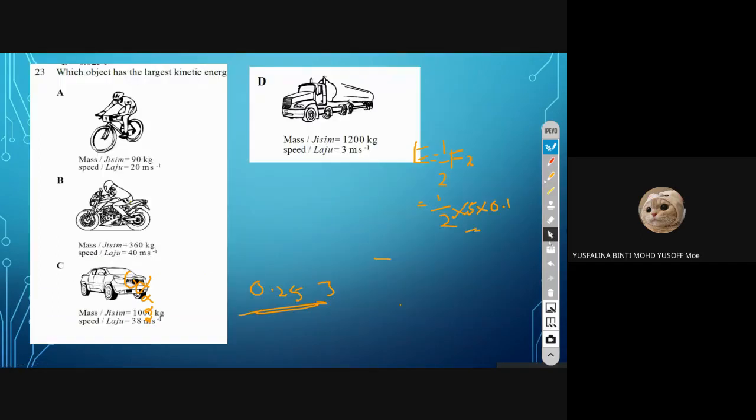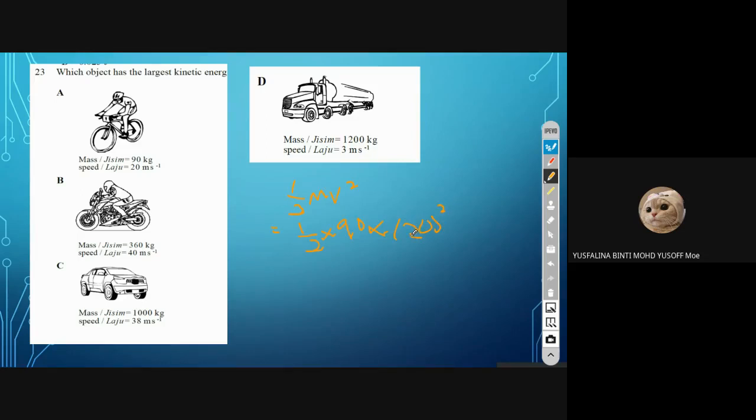Okay, for this one, which object has the largest kinetic energy? You have to calculate one by one. What's the formula for the kinetic energy? It's half mv squared. I just show one example. Let's say for A, the mass is 90 and the velocity is 20 squared.